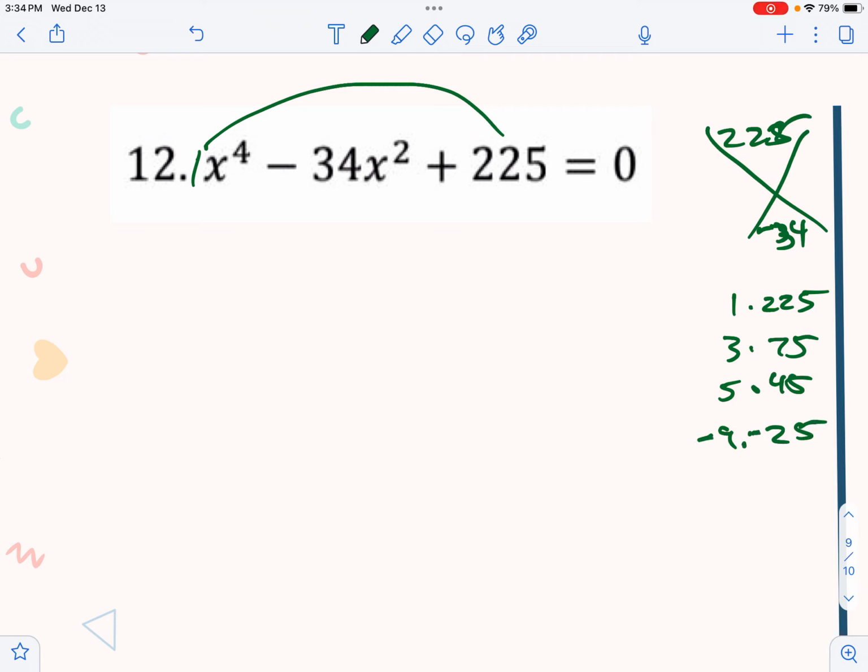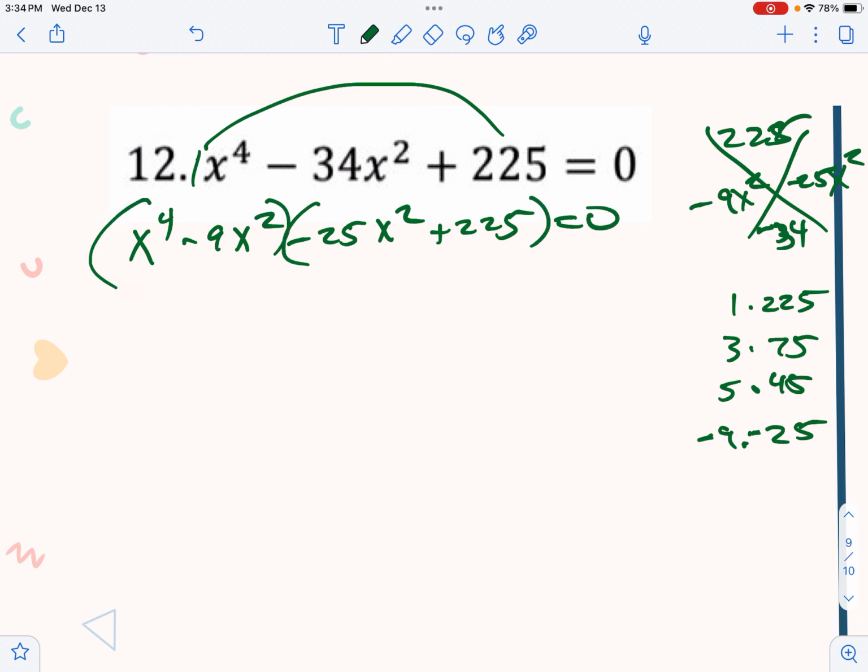Okay, negative 9 times negative 25 is positive 225, and they add up to negative 34. So these become my x squared terms. Like I said, go ahead and do the box if you want. x to the 4th minus 9x squared minus 25x squared plus 225.